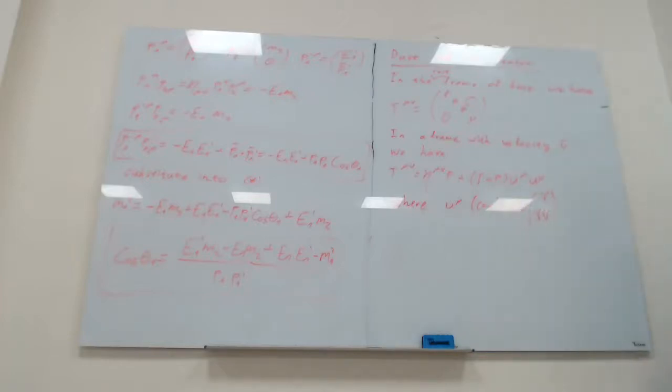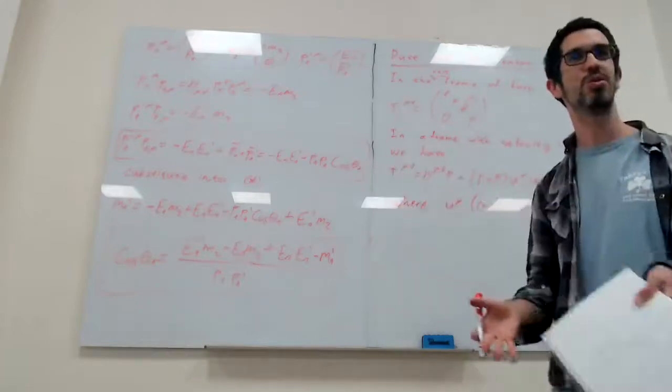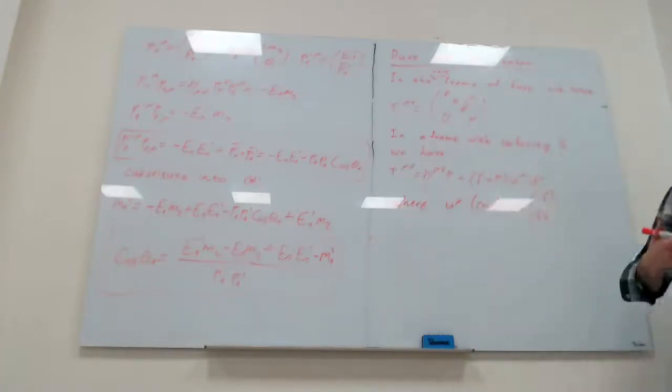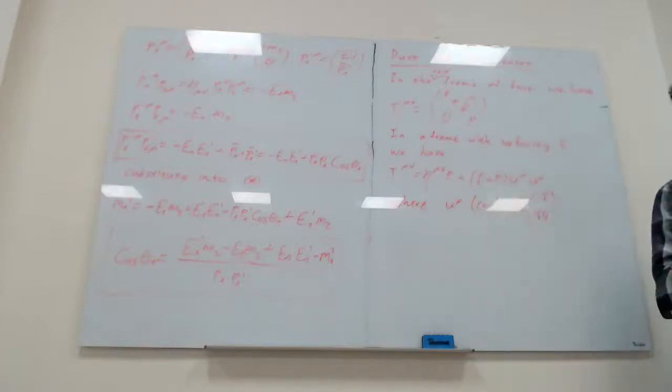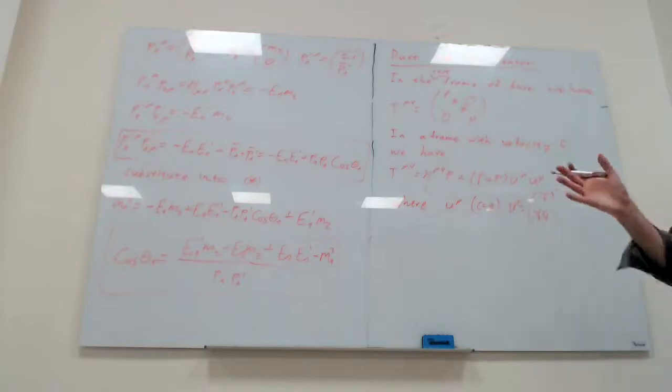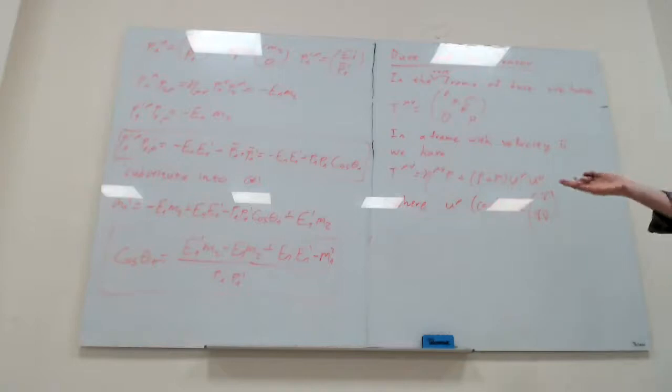You have the rest frame of the dust, then you start running or flying very fast, so you measure all the dust particles moving in relation to you, so they get Lorentz factors. So the energy changes, or the momentum. Let's say you look at one dust particle and you look at its energy and momentum 4-vector.